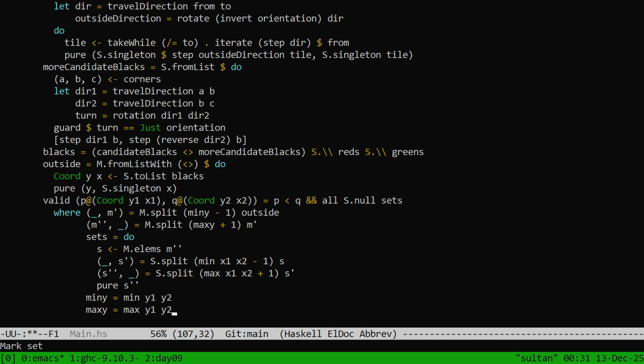Is there a good function that takes two things and gives you the max and the min? I'm sure it exists in somebody's library, but is it built in? If I have Ord A and two A's, I want back a pair of two A's. No, there's nothing in the prelude that does that. It's like divmod, but for min-max, kind of, right? But that doesn't exist, okay.